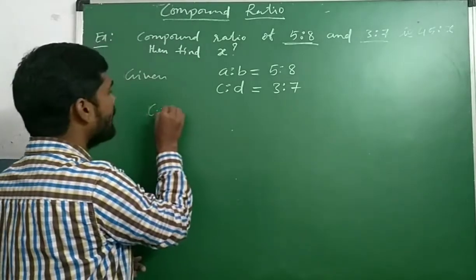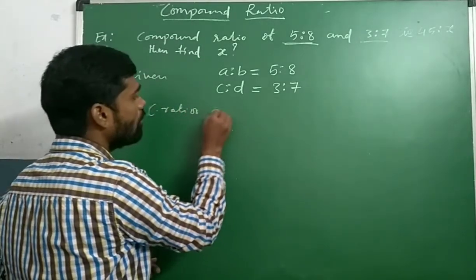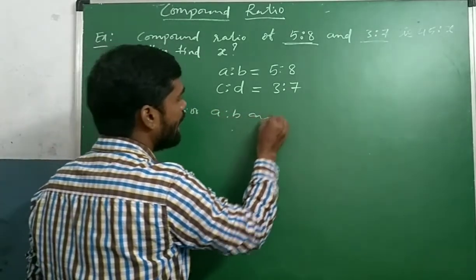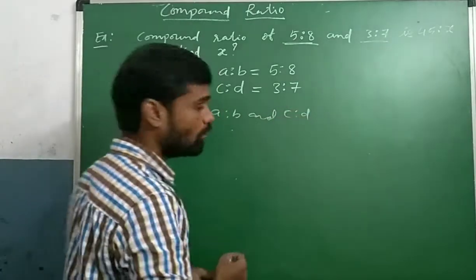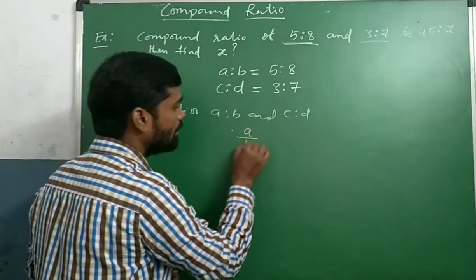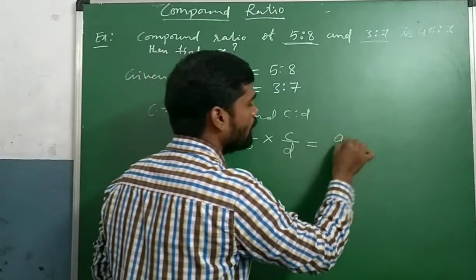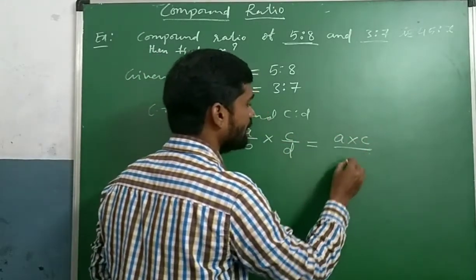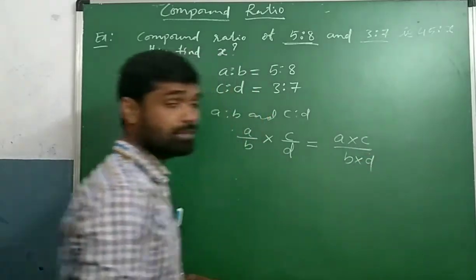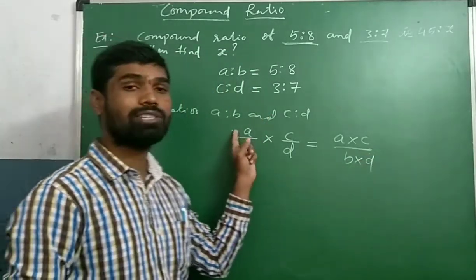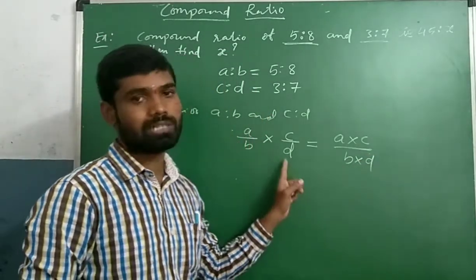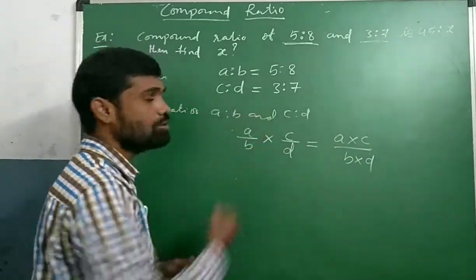We know very well, the compound ratio of A is to B and C is to D is A by B into C by D, which is equal to A into C by B into D. So we already know the compound ratio.